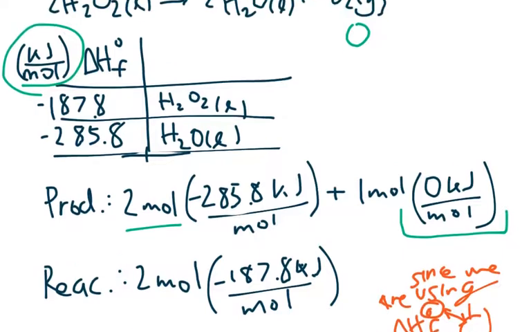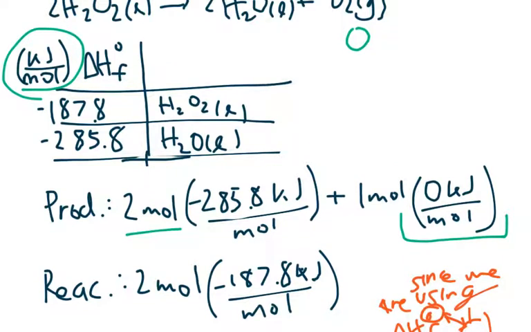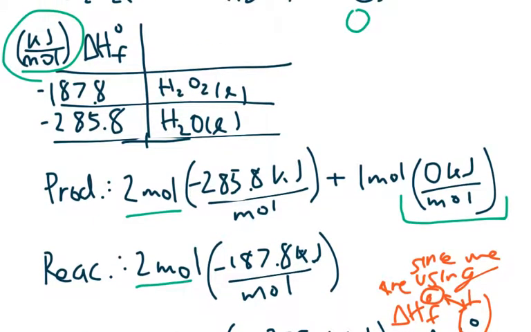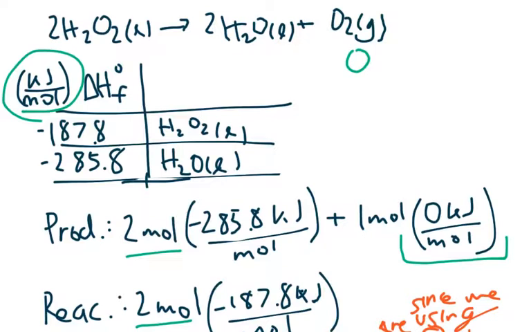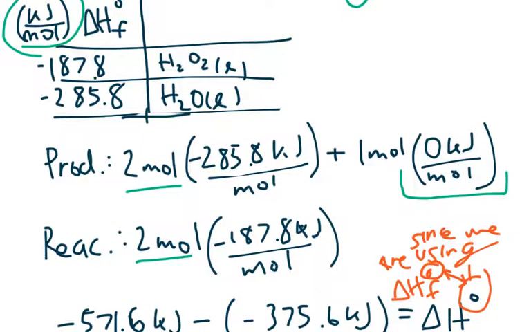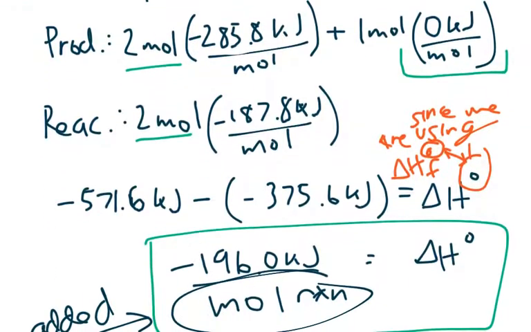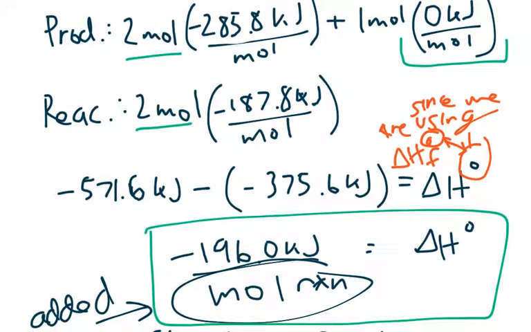Now let's find the sum of the heats of formation for the reactants. So our reactants will be 2 moles of H2O2, and the ΔHf for H2O2 liquid is negative 187.8 kilojoules per mole. So now that we have these two, we simply just employ the equation.